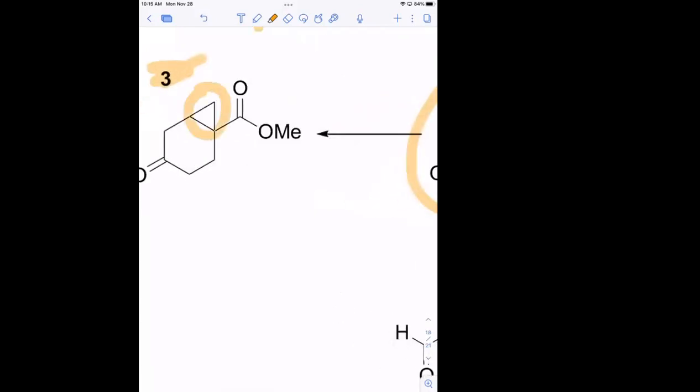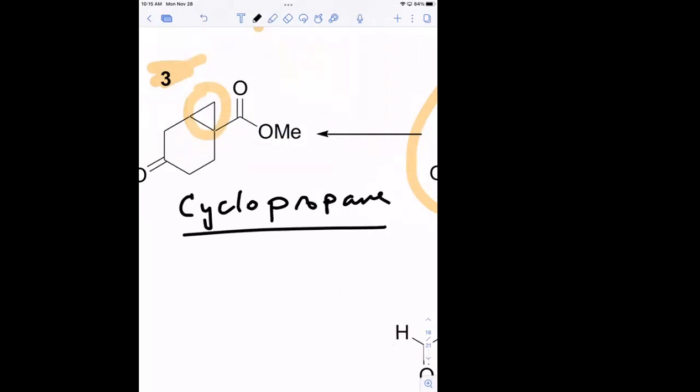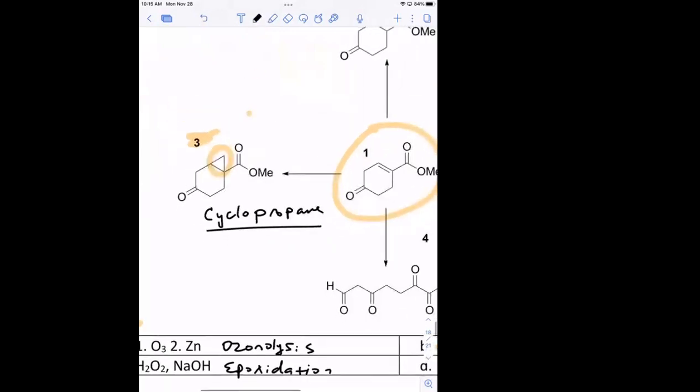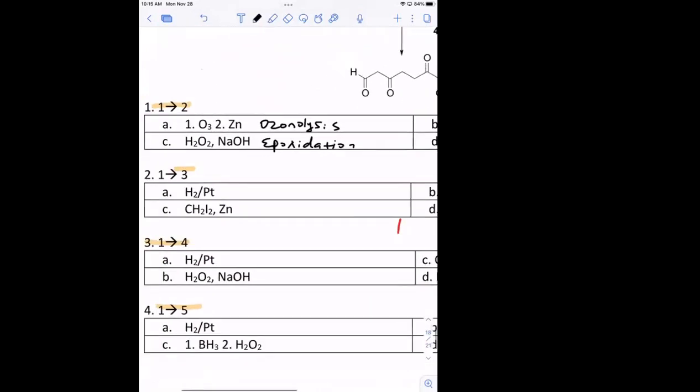I converted it into what we call a cyclopropane. I have a 3-member ring where that double bond was. That is an example of the Simmons-Smith reaction.